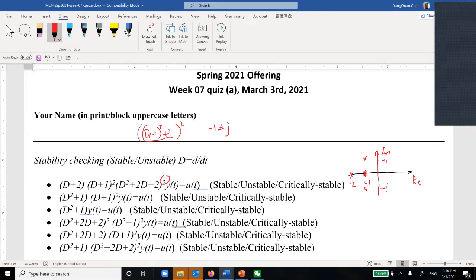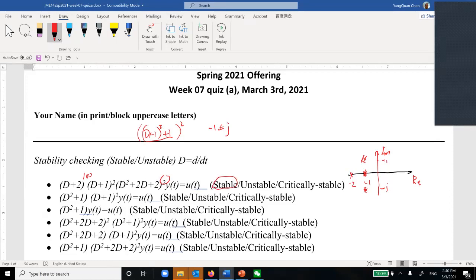So the whole thing is stable, even if you have a multiplicity 2 here. It doesn't matter how many multiplicities you have. You could put 100, it's fine. It's still stable, in the left half plane. Understand? So the first one is stable.